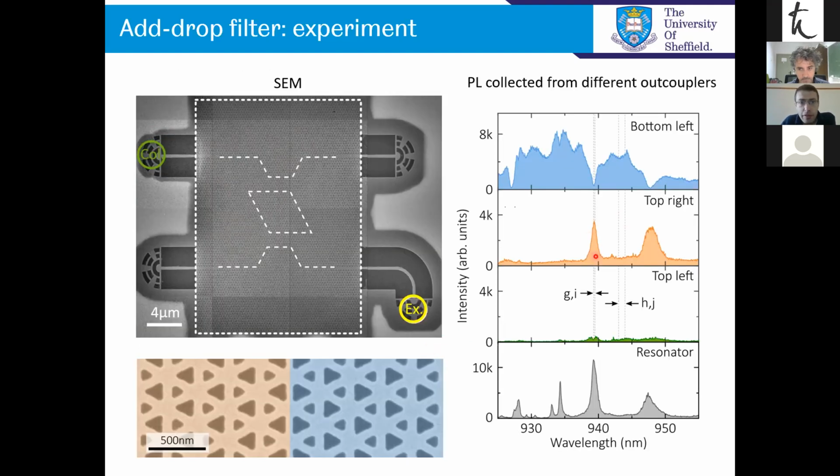Yeah, so another way we can look at this more visually is to look at integrating the PL in a bandwidth corresponding either to on resonance or off resonance.